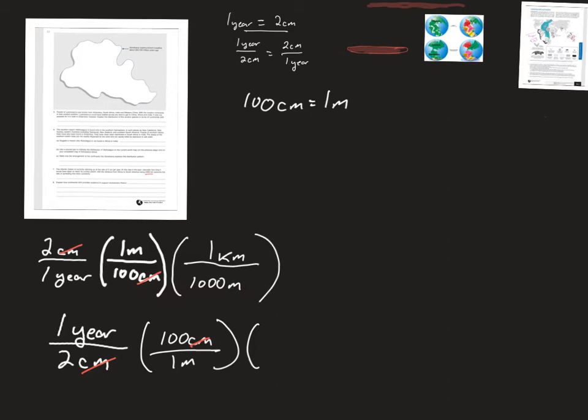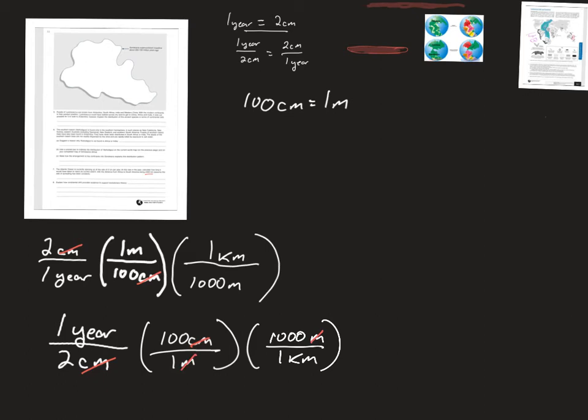So already it seems to be working. I'm testing myself, I'm testing what I'm doing, and it makes sense. Now I need to get rid of meters and put kilometers, and I know that there's 1,000 meters in 1 kilometer. So now I can get rid of meters, and I have kilometers.